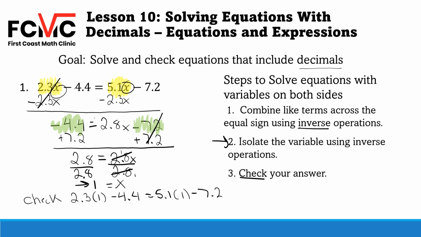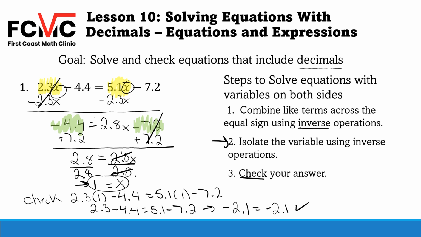So 2.3 times 1 is just 2.3, minus 4.4 equals 5.1 minus 7.2. When we subtract these out, we're going to get negative 2.1 and negative 2.1 on the left and the right side. So our answer of 1 checks.